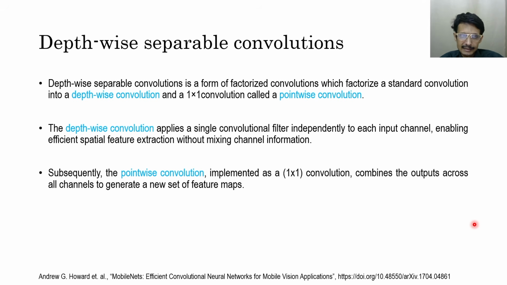We'll see later what this actually means. It convolves the input in each different channel separately, a single convolution independently on each channel. Then we put a pointwise convolution, a one-by-one convolution that combines the output across all channels to generate a new set of channel maps. These two things are what has been proposed in MobileNet.